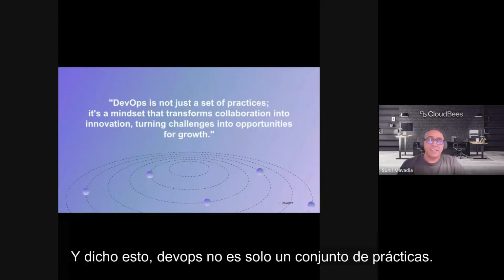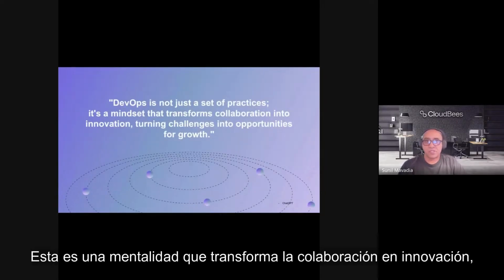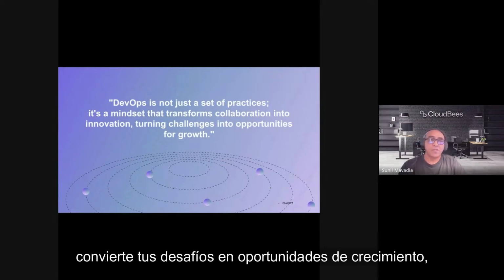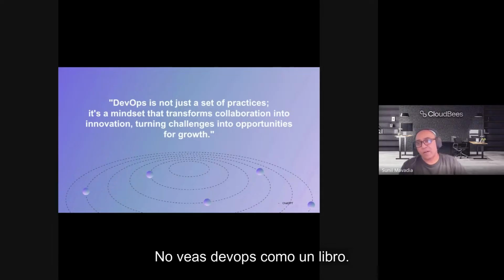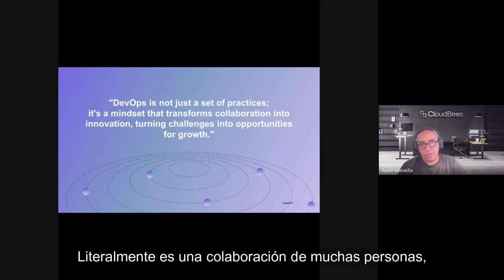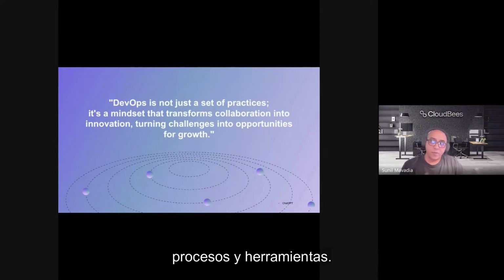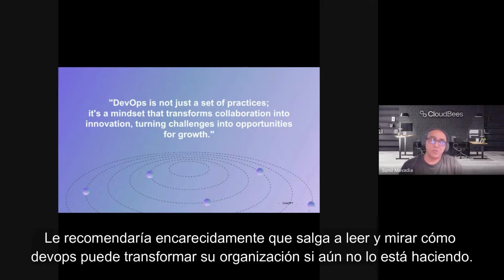And with that said, DevOps is not just a set of practices, it's a mindset that transforms collaboration into innovation, turning your challenges into opportunities for growth, right? And so don't look at DevOps as a thing. Don't look at DevOps as a book. It literally is a collaboration of many people, processes, and tools.